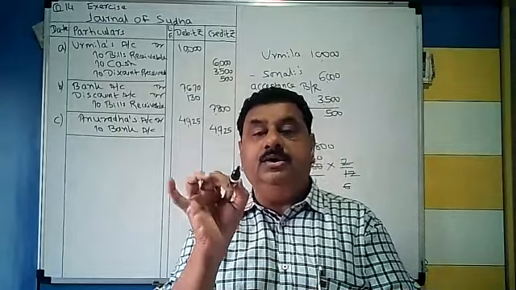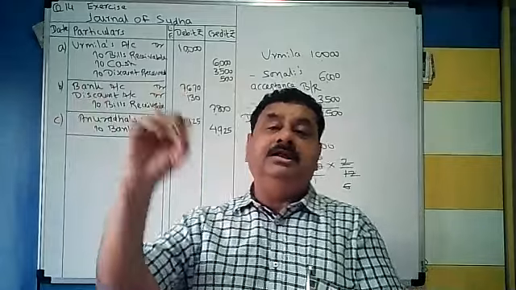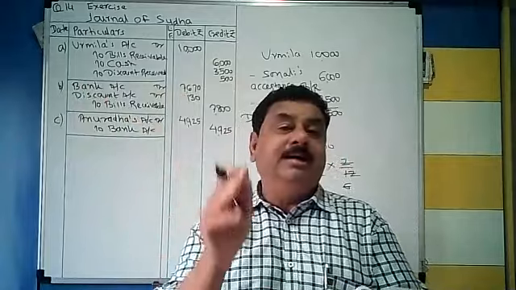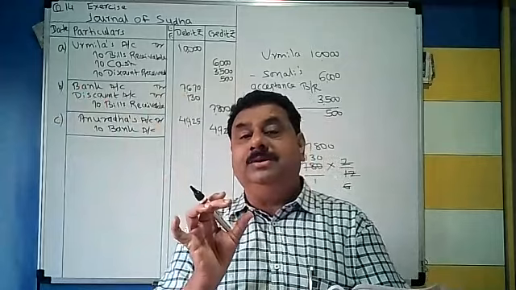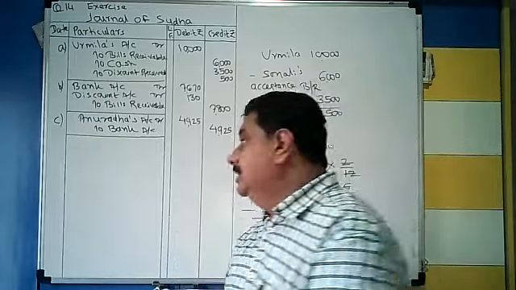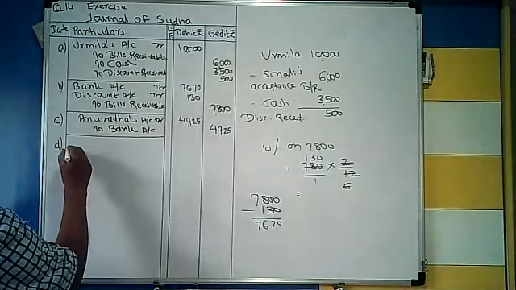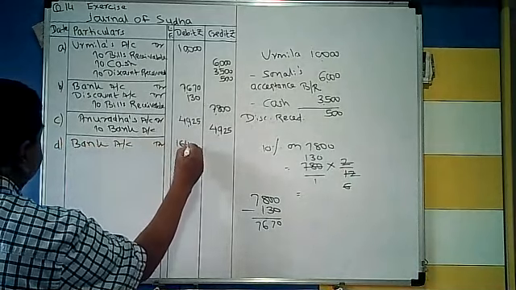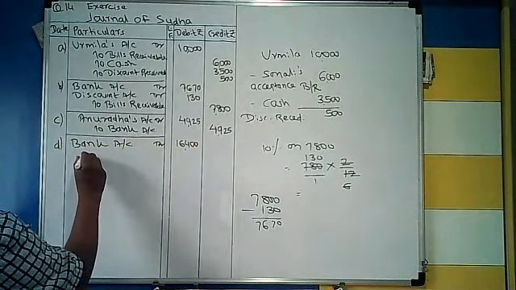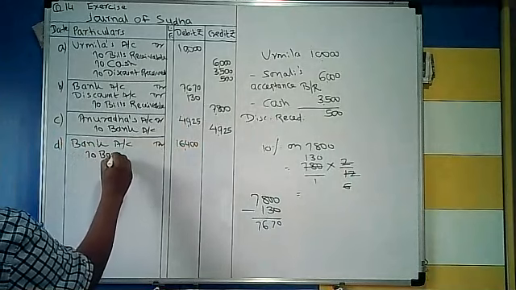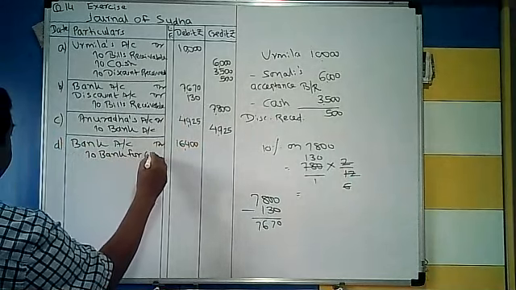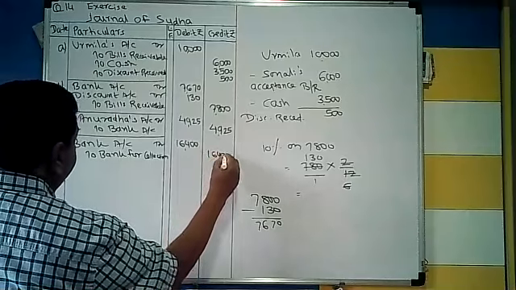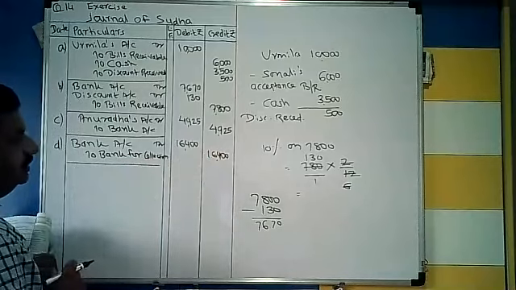Here you need to take the entry for the bill sent to bank for collection and honored. Meaning it was sent to the bank for collection and the money was deposited in the bank. Since the money is deposited in the bank, debit the bank first, and which special account is made for this? Bank for collection account, credit it. So the entry for case D is: bank account debit 16,400 to bank for collection account, bank for collection account, amount 16,400. Narration.